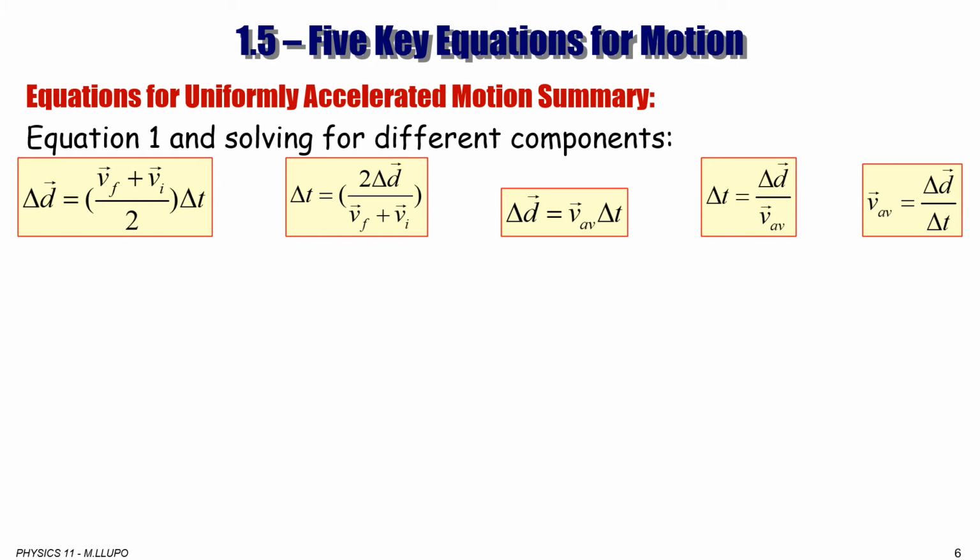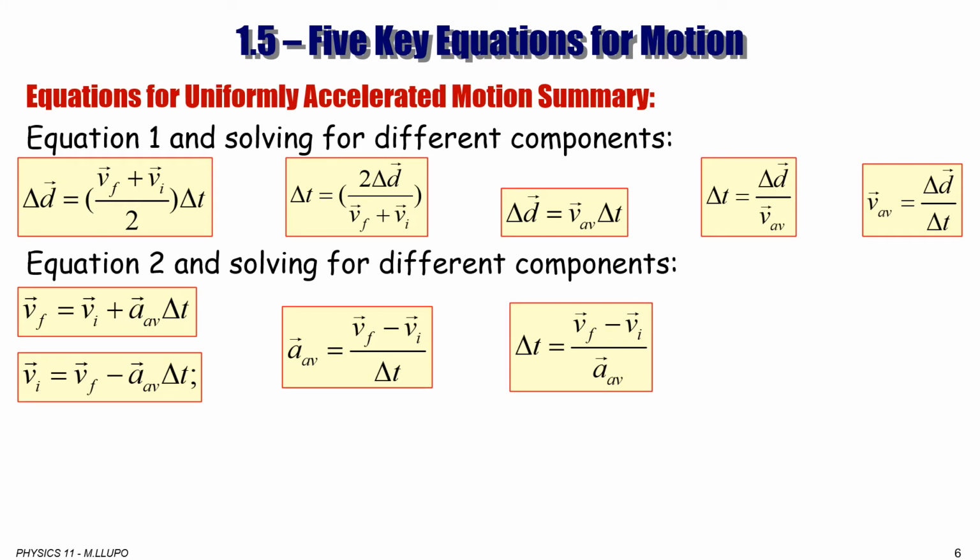And if we replace the average of V final plus V initial divided by 2, which makes average velocity, you're going to have delta D equal V average delta T. From here, if you want to solve for delta T, you have delta D over V average. Or if you want to solve for V average, you have delta D over delta T. This is important.